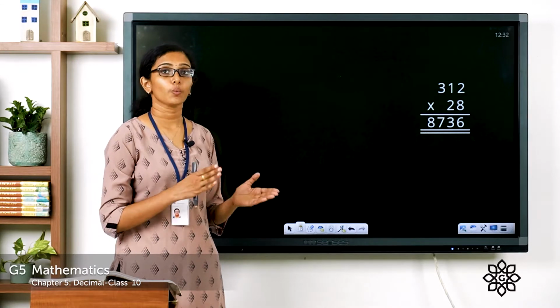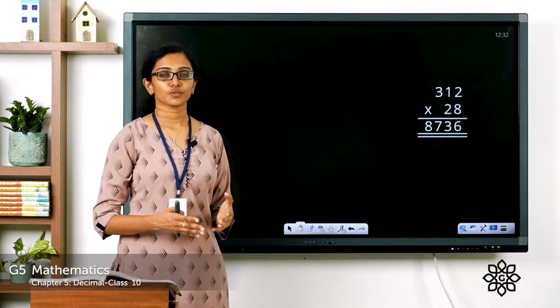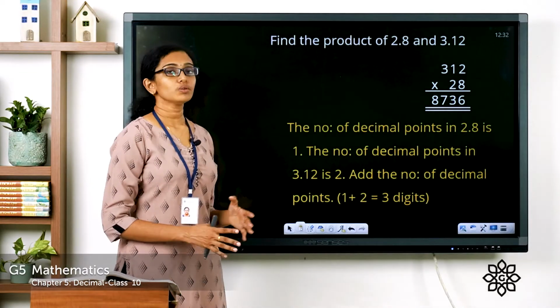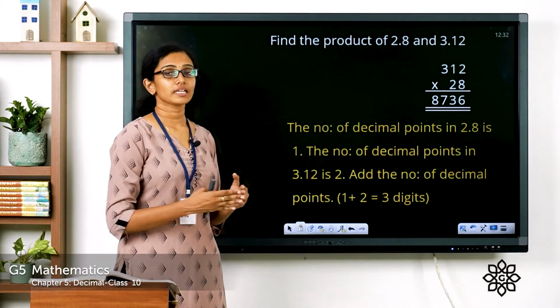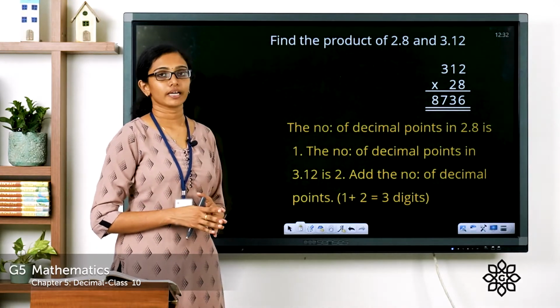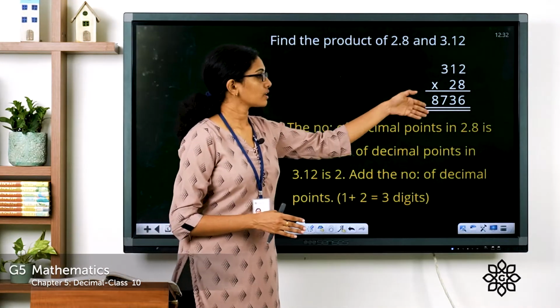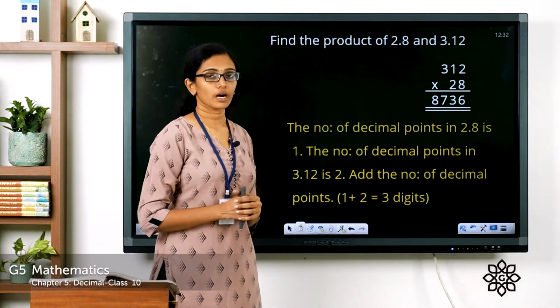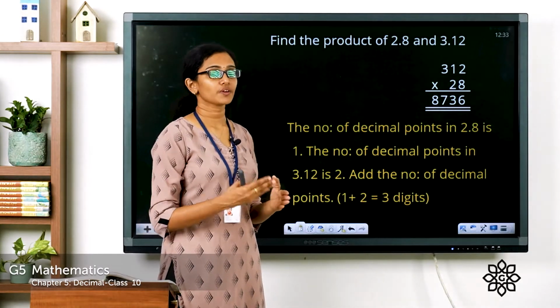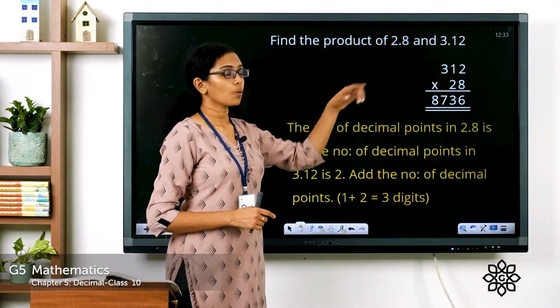How do we decide where to put the decimal point? To find out where to put the decimal point, you have to count the number of digits after the decimal point in both the multiplier and the multiplicand. So, in 2.8, how many digits are there after the decimal point? There is only one digit.